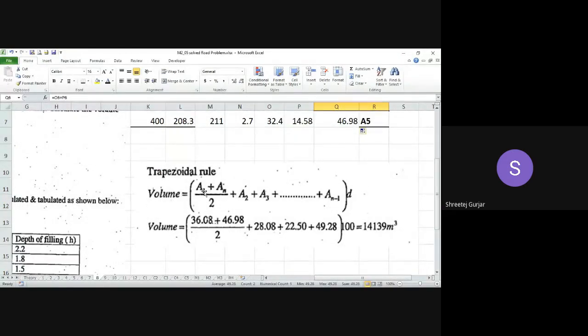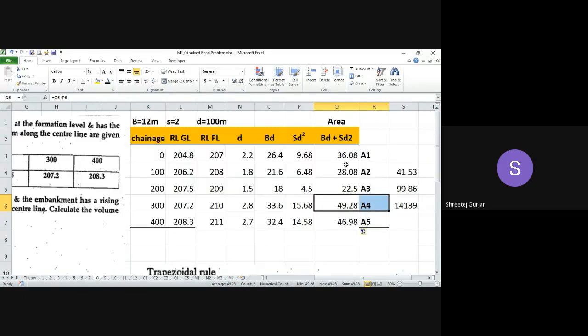Volume is equal to A1 plus AN by 2, plus the summation of the remaining cross sections, whole multiplied by the interval of the cross sections. In our problem the last cross section is the fifth, A5, so this is A1 and this is AN.